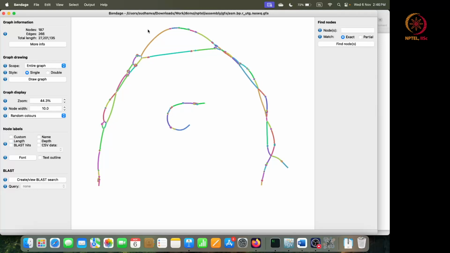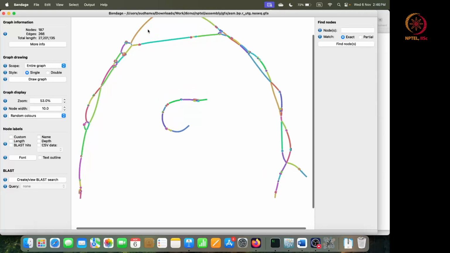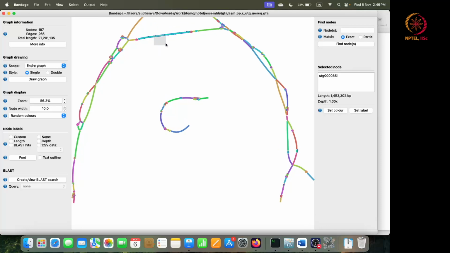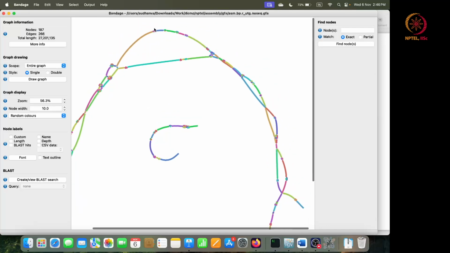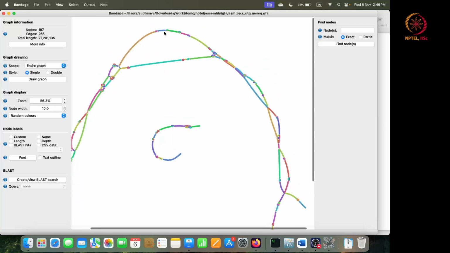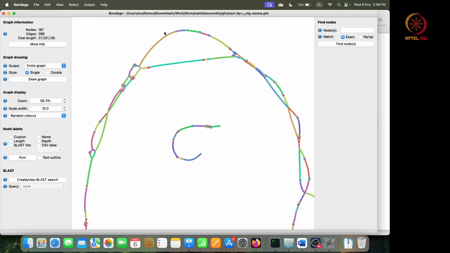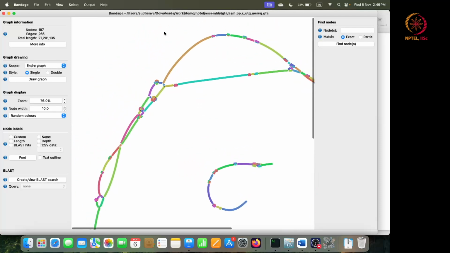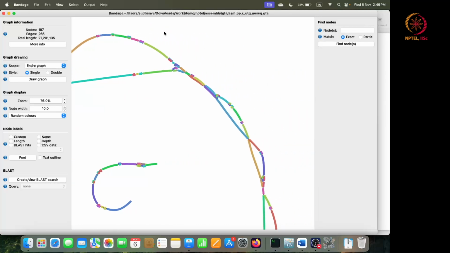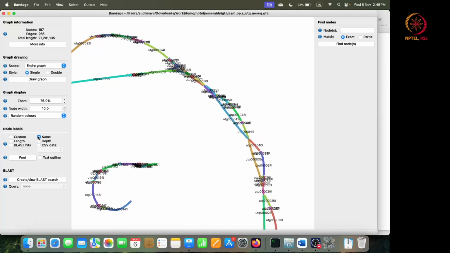However, if you choose to zoom in, you can press plus to zoom in and you can scroll using your mouse, and it is helpful to have the node labels sometimes, the depth of coverage sometimes, or the length of each node.